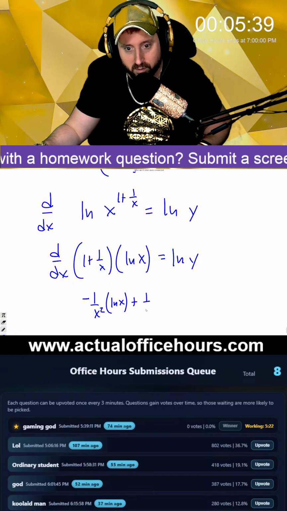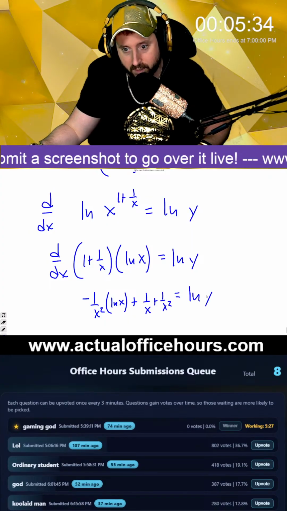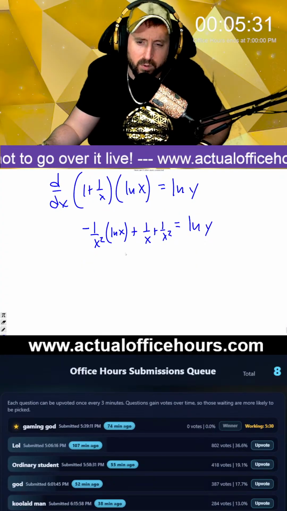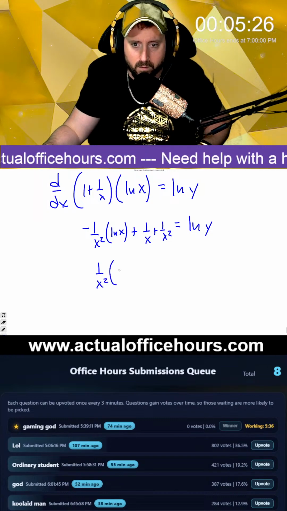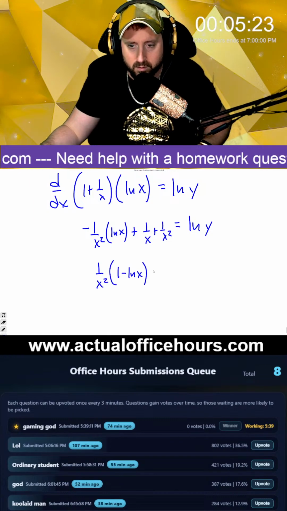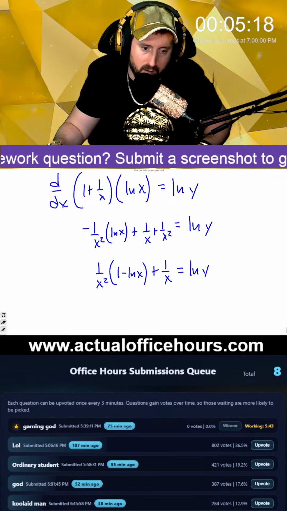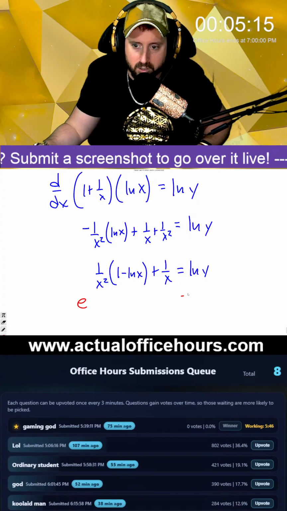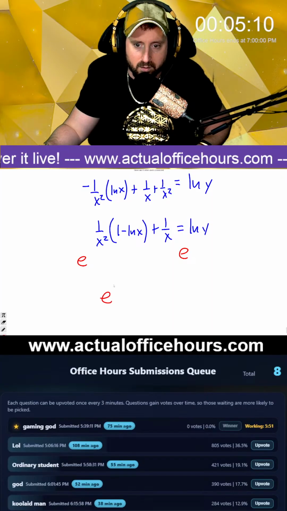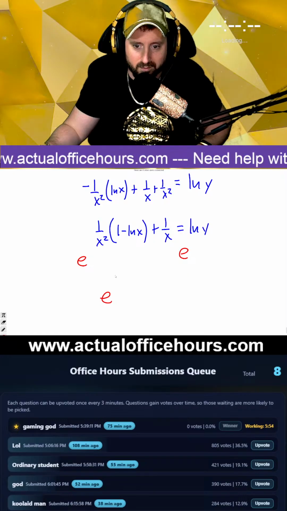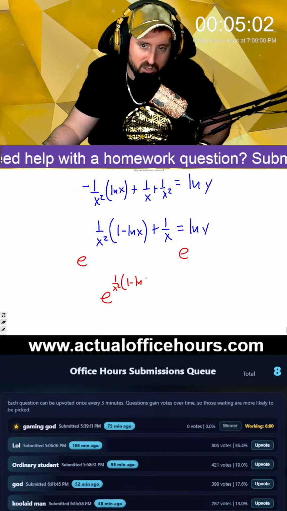So that's going to be plus 1 over x plus 1 over x squared, and this is equal to the ln of y. So then that's 1 over x squared times 1 minus the ln of x, plus 1 over x, is equal to ln of y. Let's exponentiate. So that's e to the 1 over x squared times 1 minus ln of x. Or maybe I should separate it out then, shouldn't I?